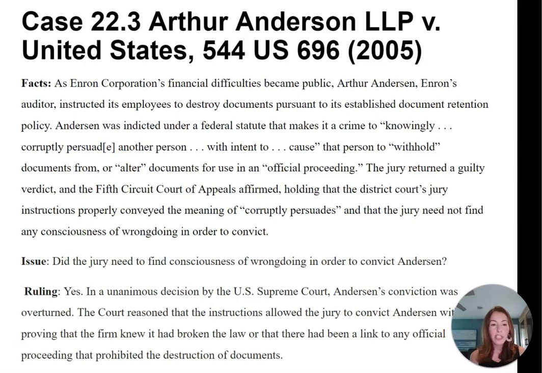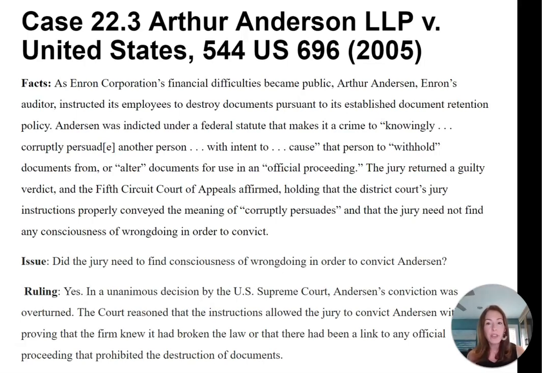of obstruction of justice. It's in your book, and it has to do with Arthur Andersen. And Enron was a very successful corporation at one time, and it encountered certain financial difficulties which became public. And Arthur Andersen, who was the auditor for Enron, instructed its employees to destroy documents.